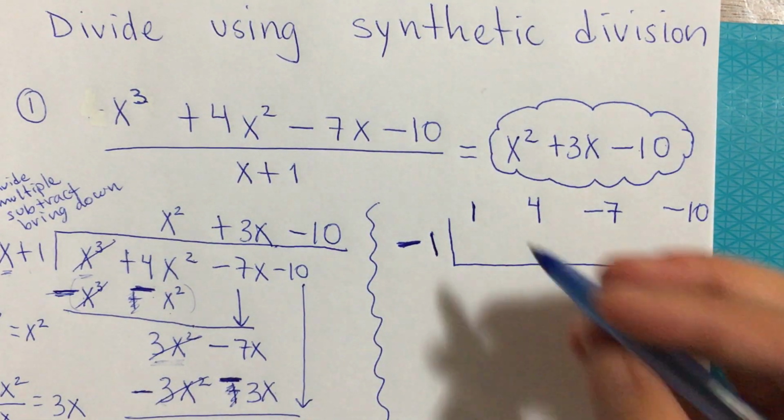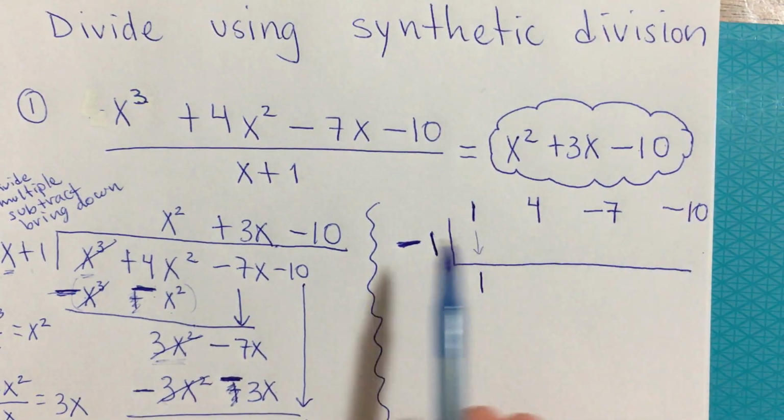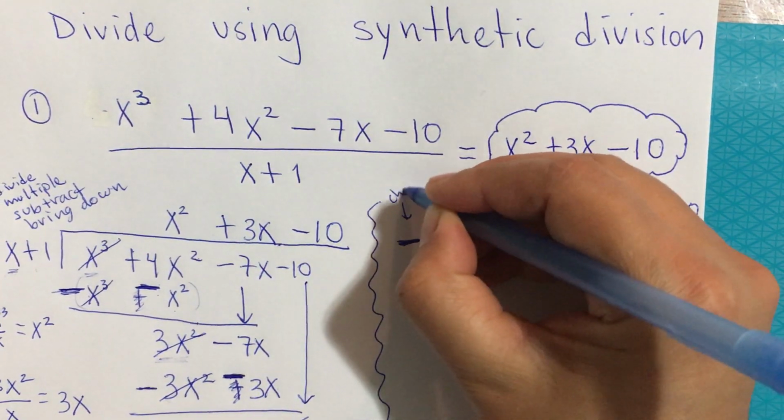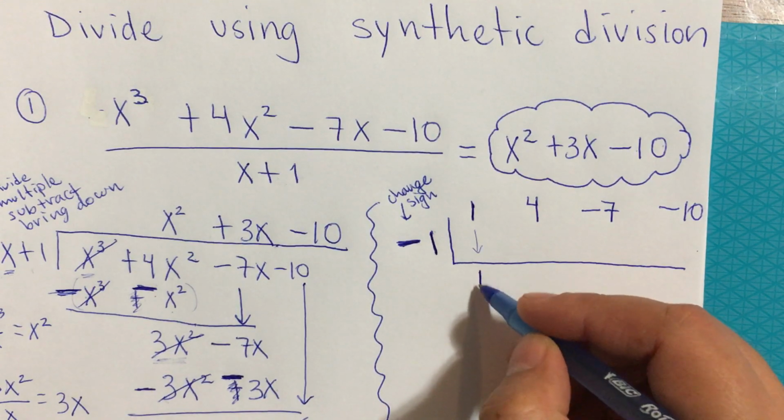And so the first coefficient, we're just going to bring it down. After you put the coefficients in here and change the sign in here, remember we changed sign, the next step is to bring down the first.